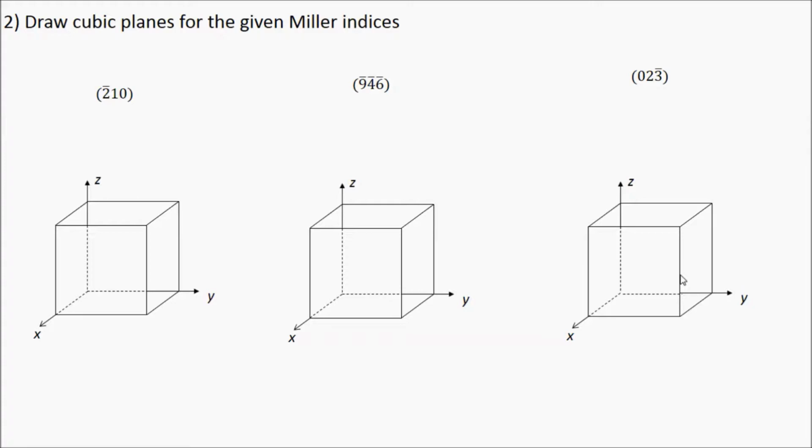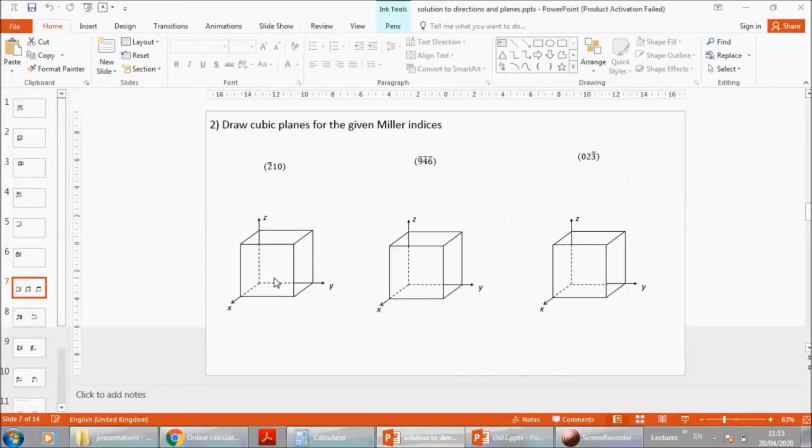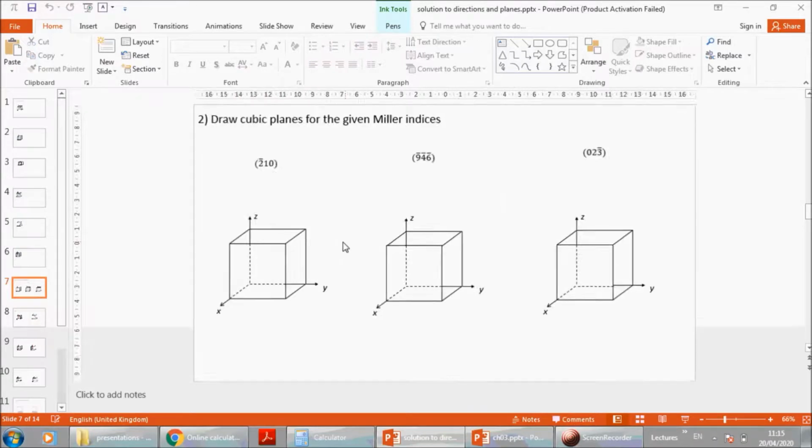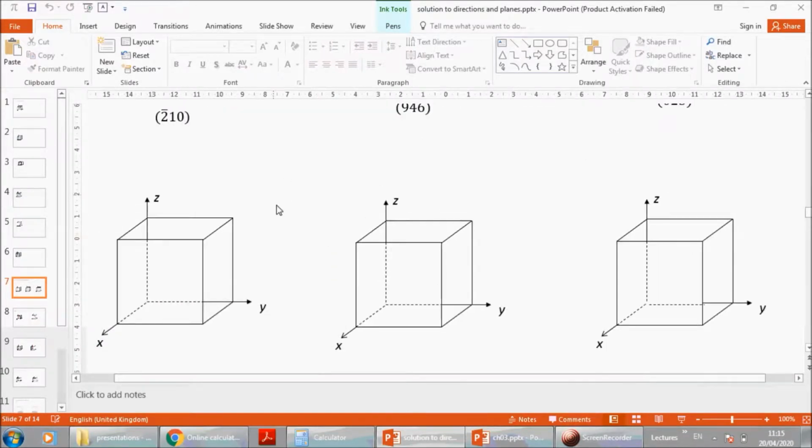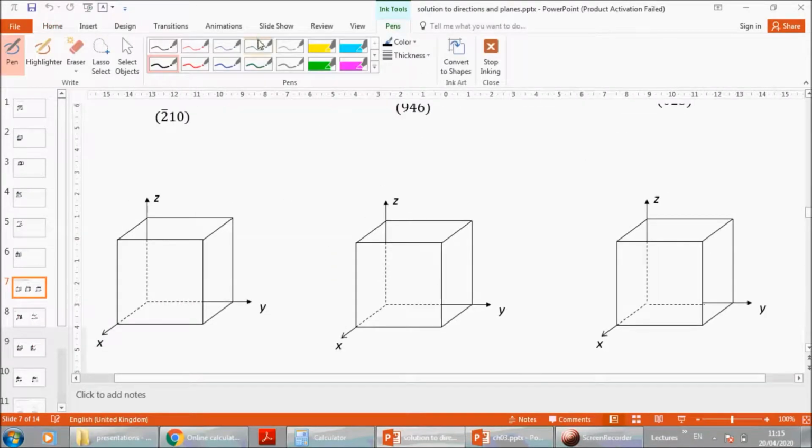For the first one, first open the bracket and take the reciprocal, which equals negative half, 1, and infinity.